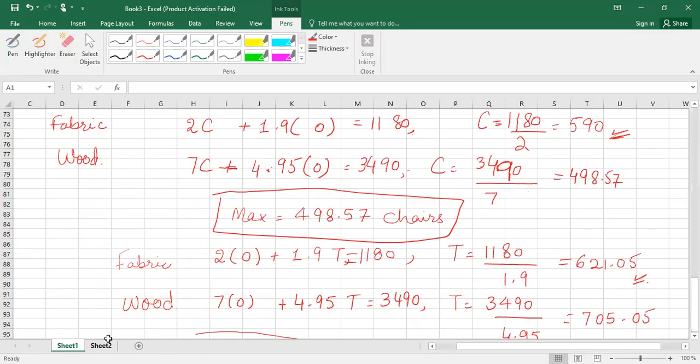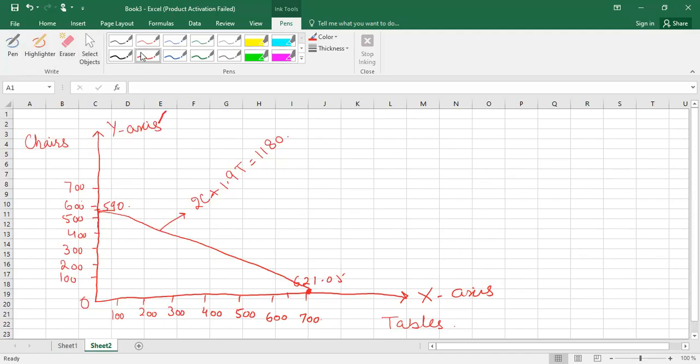Other equation is can produce maximum 498 chairs and 705.05 tables. Okay, we draw our points maximum till 700. So we will add one more point of 800. If we are adding over here, we will add here too, although not needed in the chairs.